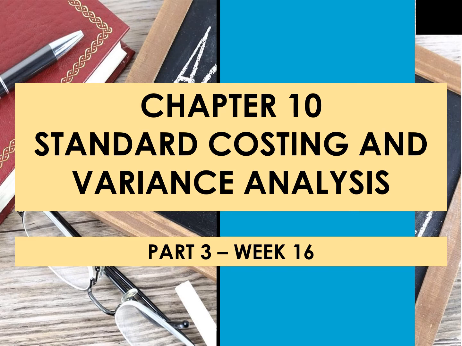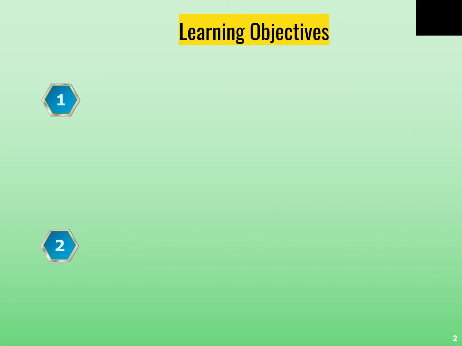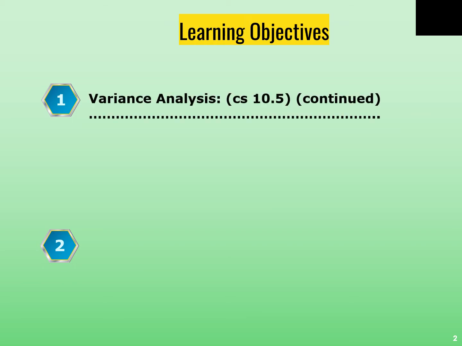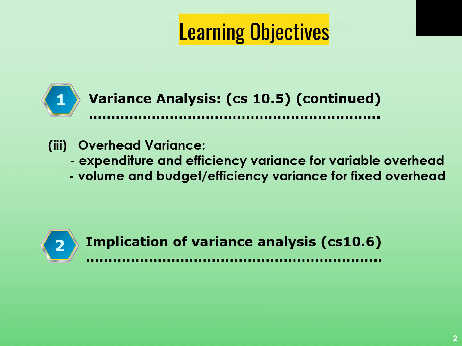Today, I would like to continue Chapter 10 Standard Costing and Variance Analysis, Part 3, Week 16. Learning objective for today. First, we continue Variance Analysis 10.5, which is Overhead Variance.